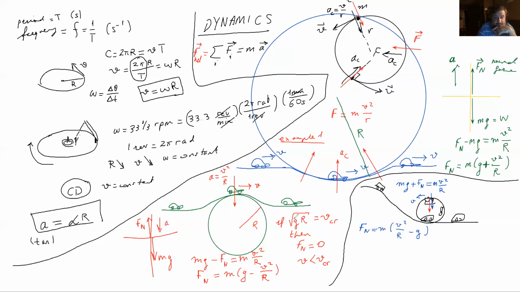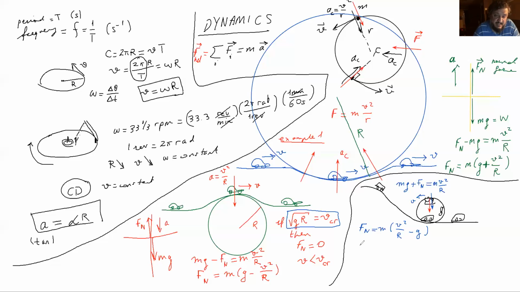If this condition is satisfied, then this is zero. Then the normal force becomes zero, which means your car will not be on the track anymore. You will lose contact, all right? You don't want that.